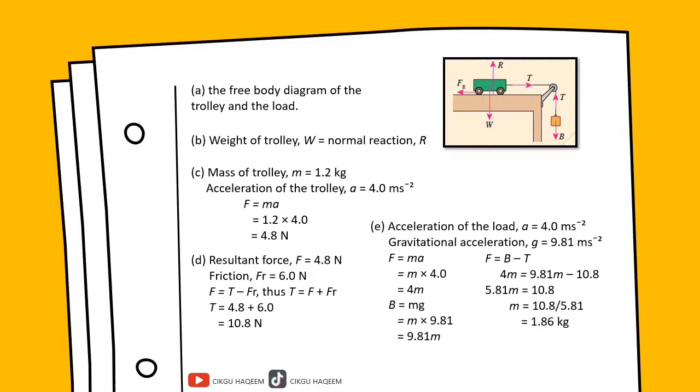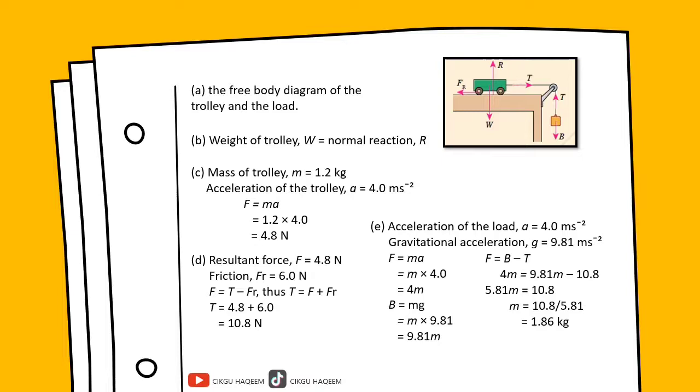The mass we also don't know yet, times the gravitational acceleration, so we express it as 9.81m. For the comparison of the forces, the resultant force is the sum of two forces, which is the weight of the load minus the tension of the string, because there are only two forces acting on the load. The first one is the weight of the load, which is facing downward.